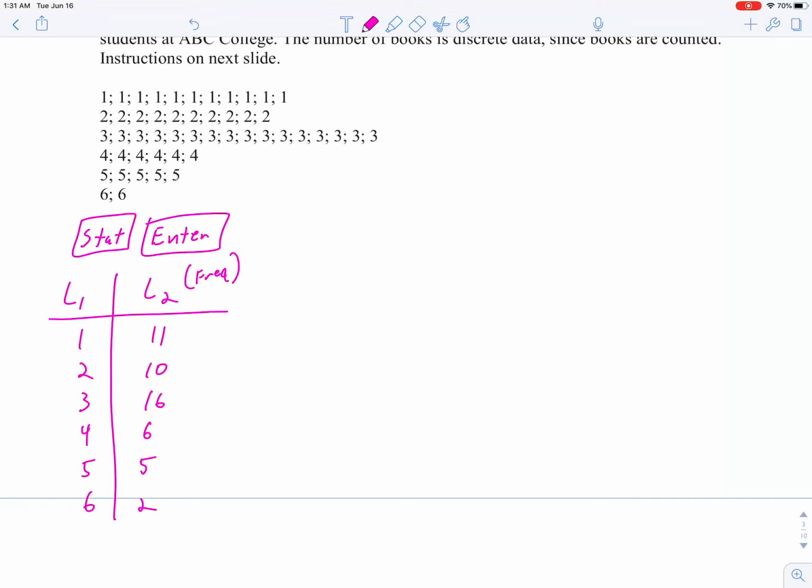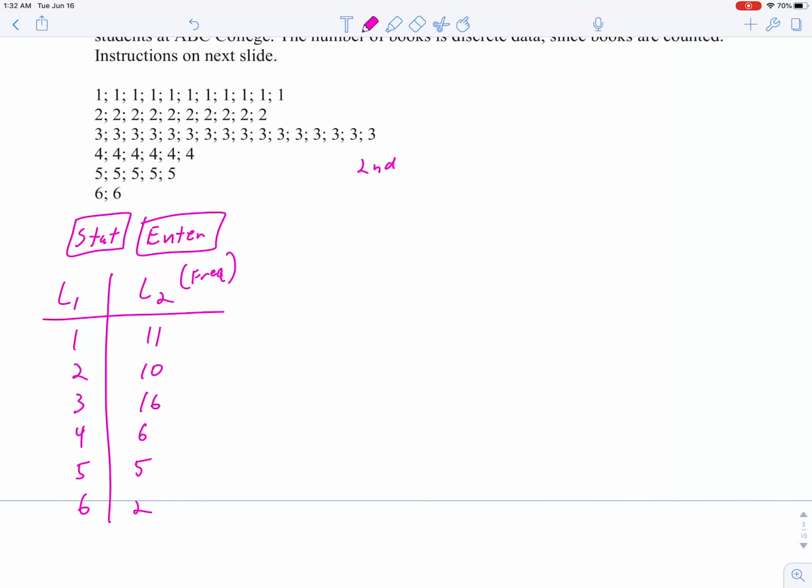All right, so now I'm going to show you here, hold on. What we're going to do on your calculator is hit the second button, which is the top left corner. It's a different color key. It says 2nd on it. So you're going to hit that second button.